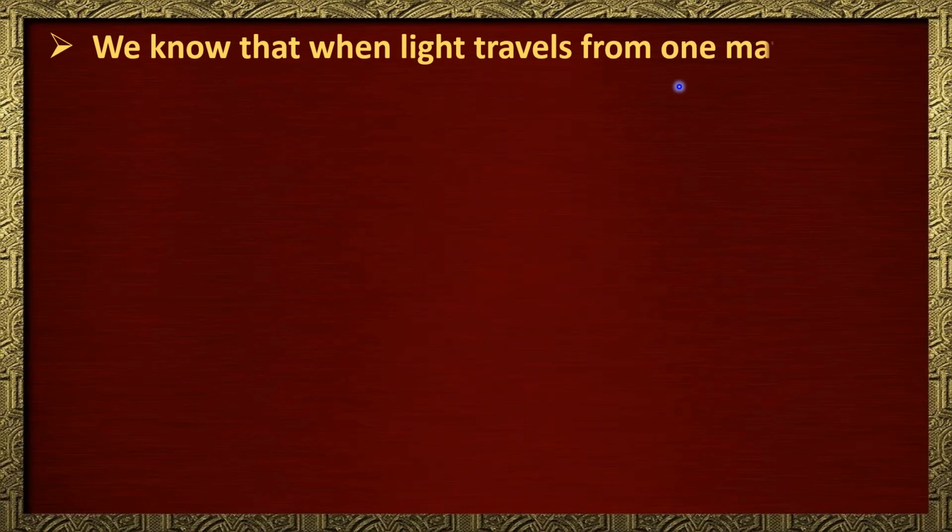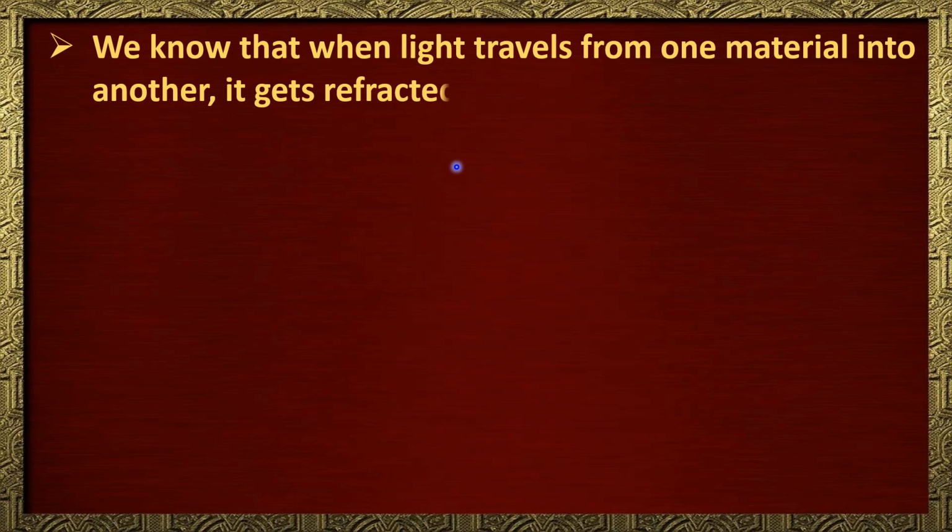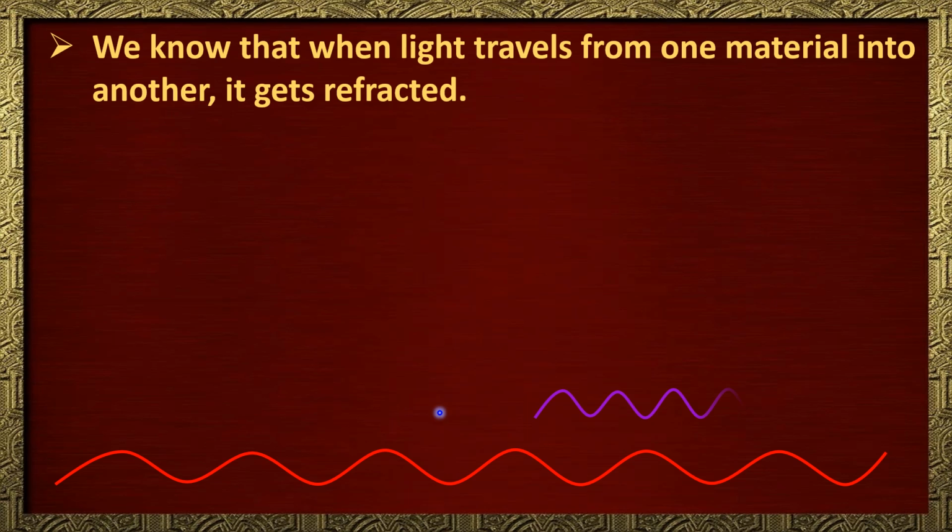You can see here. Okay, so we know that when light travels from one material into another, it gets refracted. See here, this is the red light and this is the violet light. You can observe the wavelength is more, the wavelength is less.